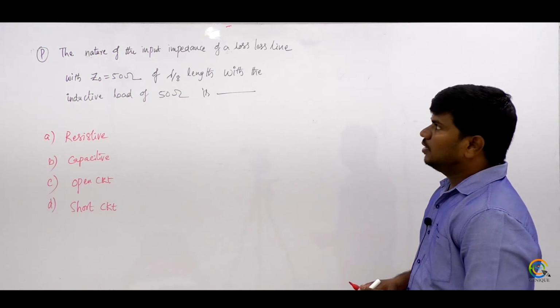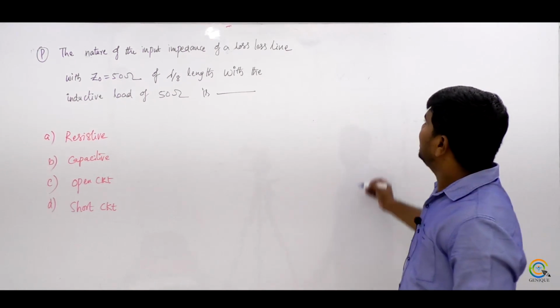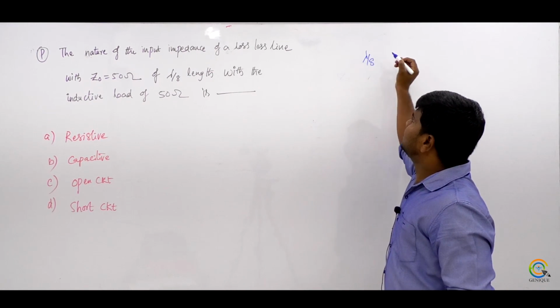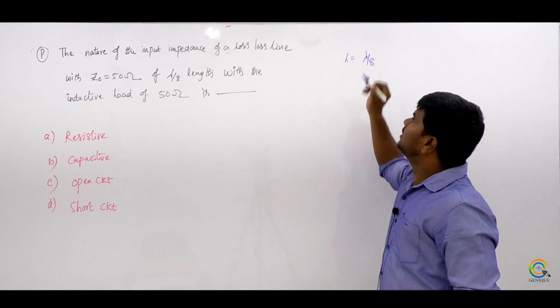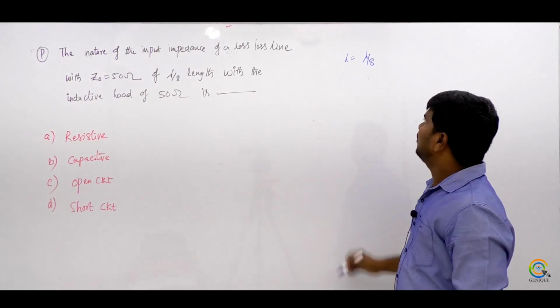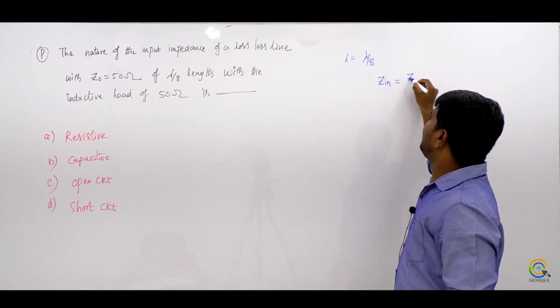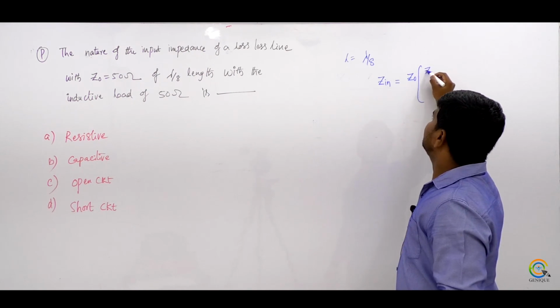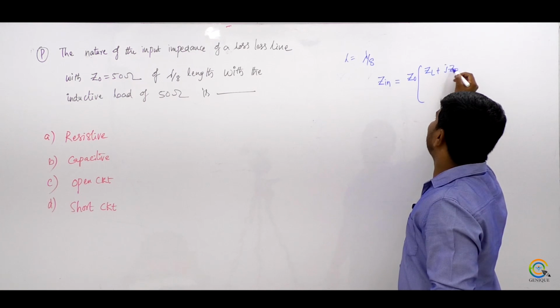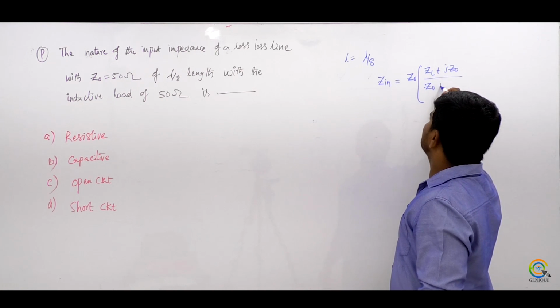Which length is given? A lambda by 8 length line. For the lambda by 8 length, the input impedance is Zin equals Z0 (ZL plus jZ0) divided by (Z0 plus jZL).